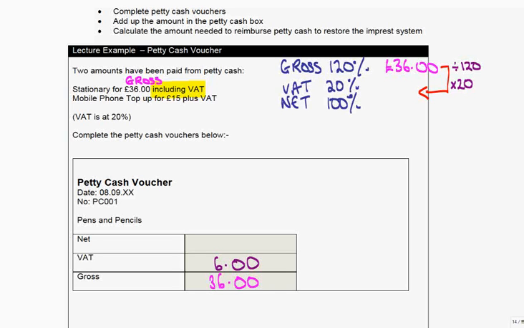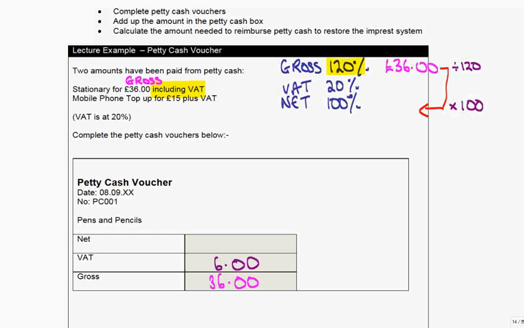The same principle works for the net amount. So I've got the gross amount at the moment, so I'm dividing by the line I'm on, and then I'm going to times by where I want to get to. Now in this case I'm going to work out the net, so we're going to come down and work out the net amount.